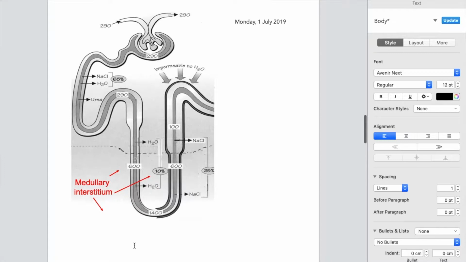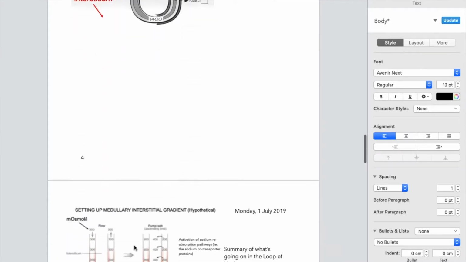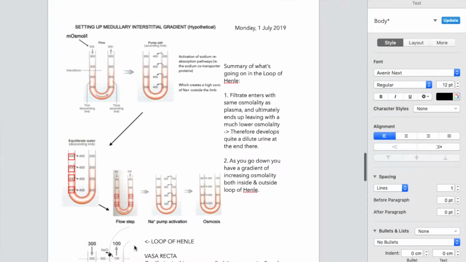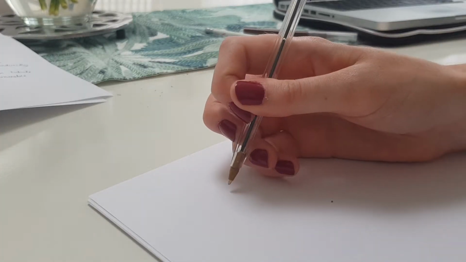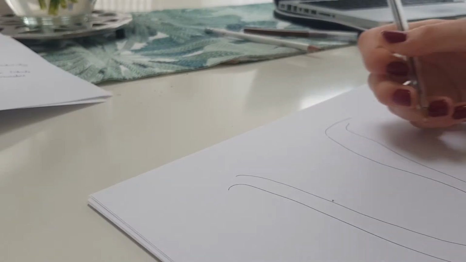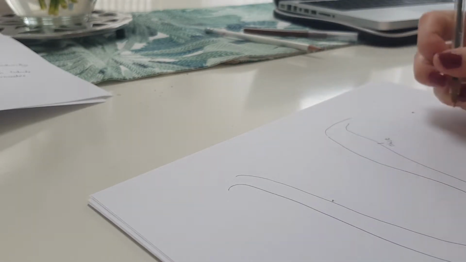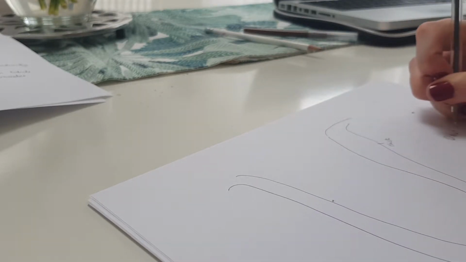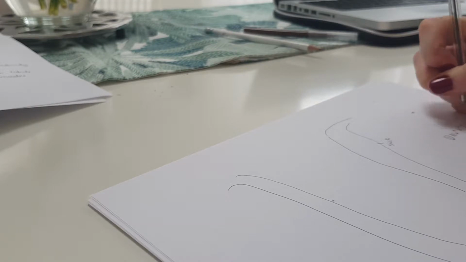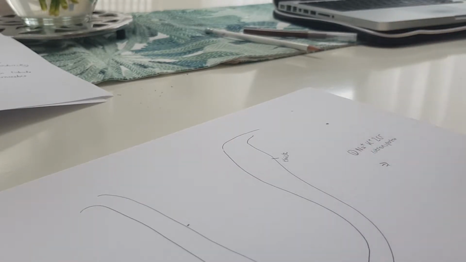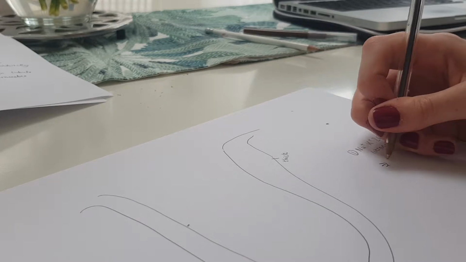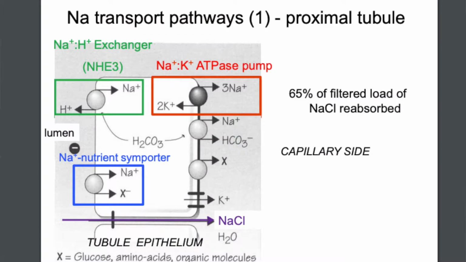So it says 290, but you could say 300 if you like a nicer round number. And if we just focus on the loop of Henle and what the osmolarity changes are there, then I can cover that. So thin and then thick. To start off with, we have the sodium potassium chloride co-transporter, which uses ATP indirectly.